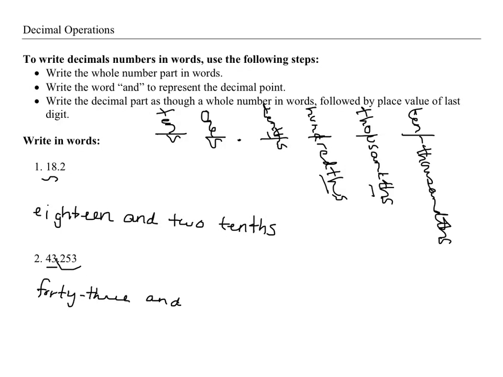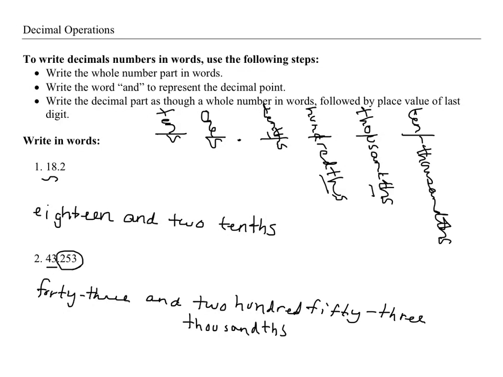Then we name this number as if it were a standalone number. So 253. And then the 3 is the last digit in the number, so we look up and realize the 3 is in the thousands place, so we write thousandths. So this number is 43 and 253 thousandths.